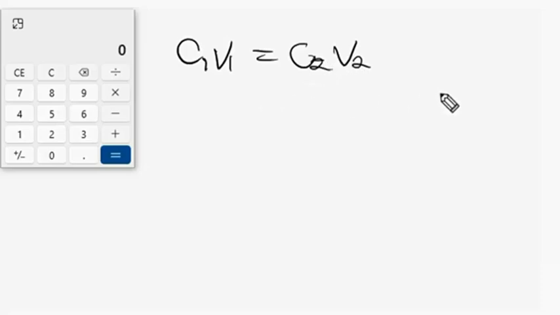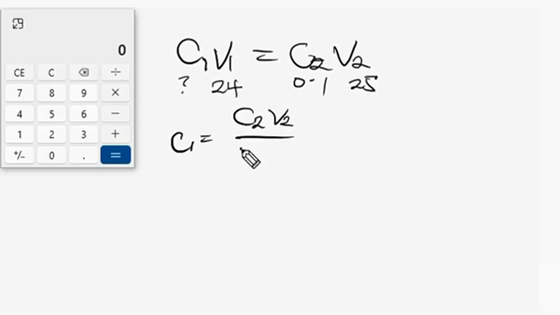So guys, here we already have the volume of the nitric acid here, and that's 24. So we're looking for the concentration. We have the volume of the base here, and that's 25 cm cube, and then we have the concentration of the base, and that's 0.1. So guys, now we can simply solve, make C1 the subject of the formula. So we'll have C2 V2 over V1.